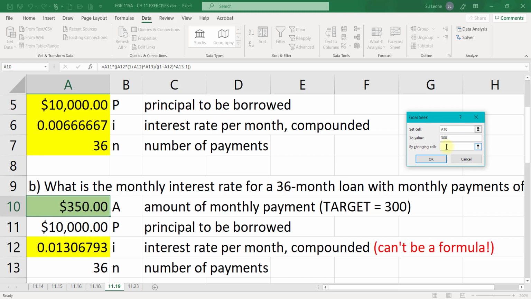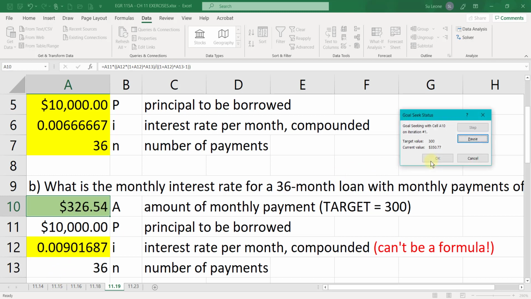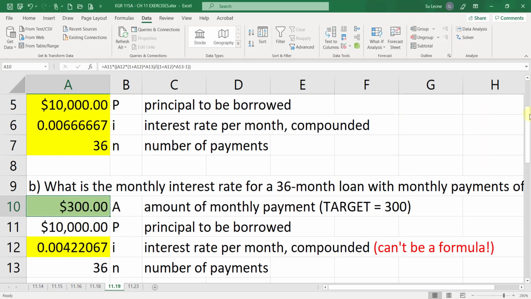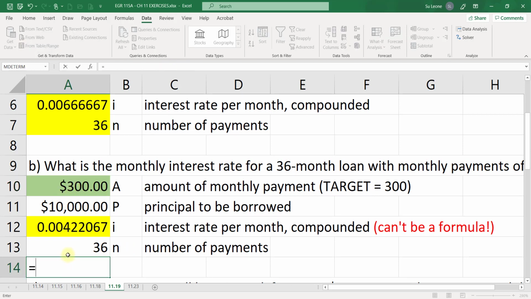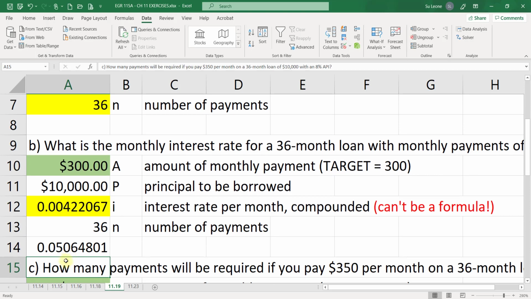We're going to change our monthly payment to $300, and they're going to say, okay, well, what interest rate do we have to get? So we have to have a really kick butt interest rate in order to get you that still a 3-year loan and still get you a payment of $300. Your interest rate per year would have to be 5%, which is a really good rate.